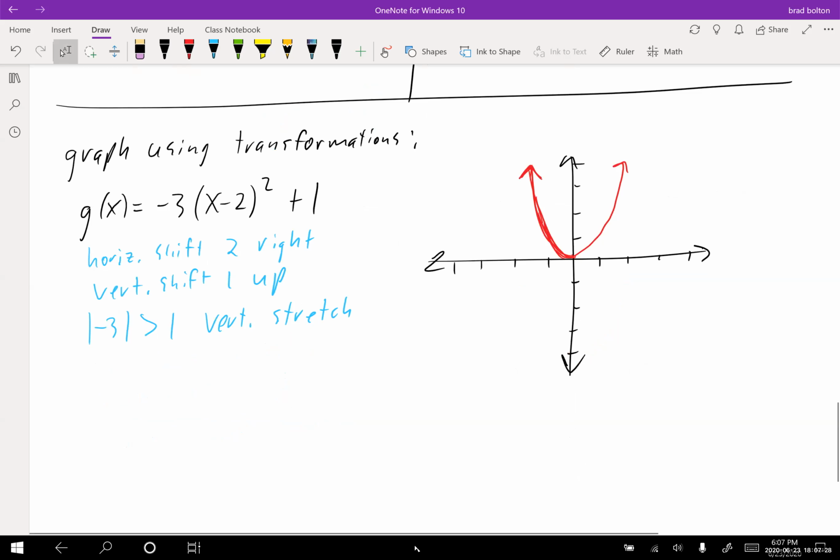And then we also know that since a is negative, it reflects across the x-axis.